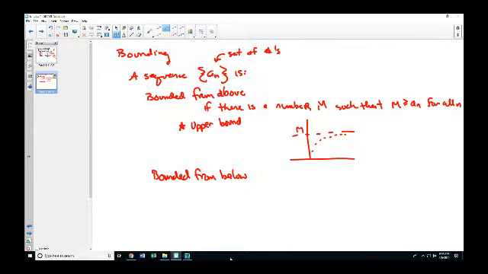Sine and cosine. If I made a sequence sine of n, it's bounded, but does not converge. It doesn't diverge either.